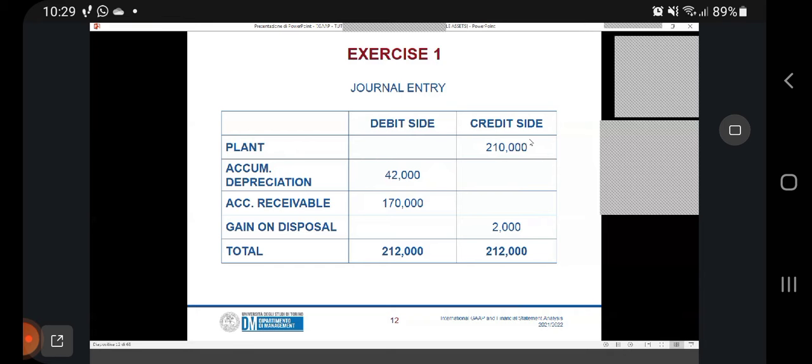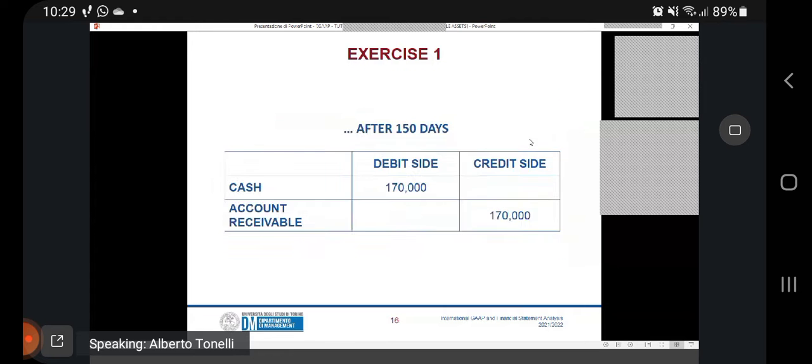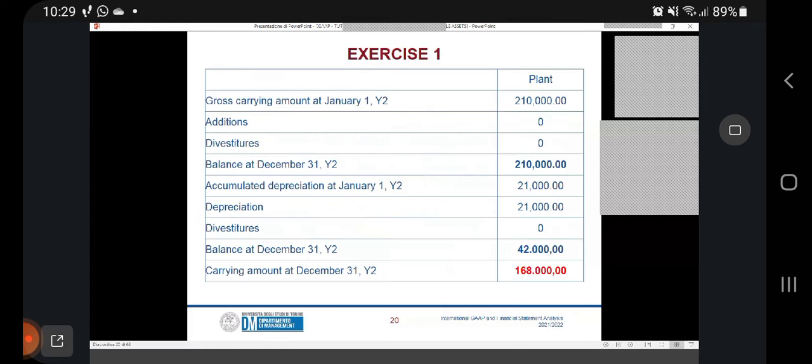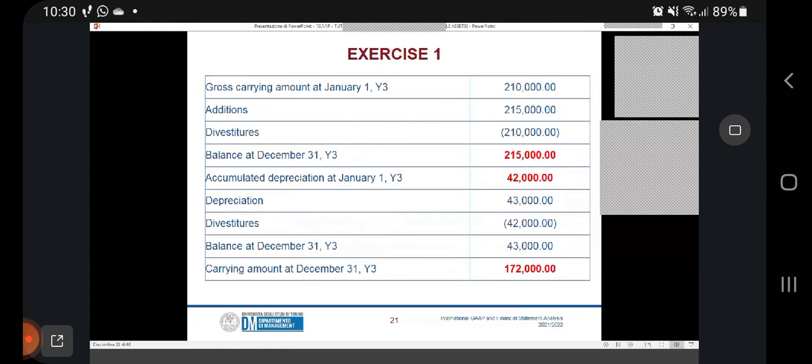That's the reason why here you find a reduction as divestiture for the amount of 210. 210 plus 215 minus 210 is equal to 215. But we are just considering the historical cost of the plant.